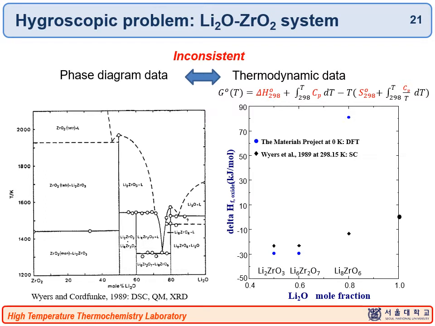And the next example is the hygroscopic problem in the Li2O-ZrO2 system. In the thermodynamic database development, we found out that the phase diagram data reported here and the thermodynamic property data are not consistent with each other. In particular, the deep eutectic region here cannot be reproduced.